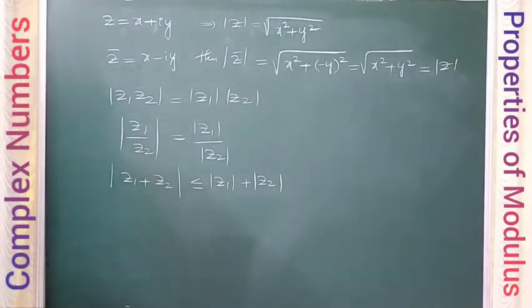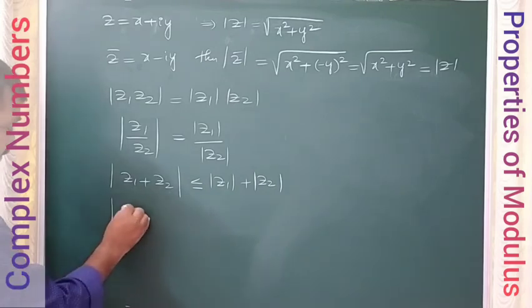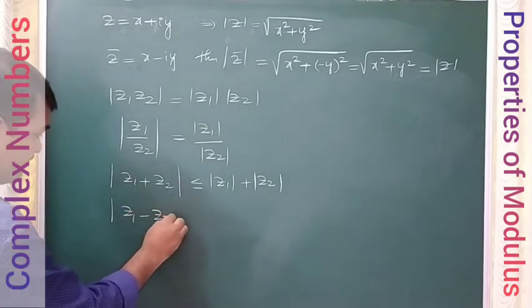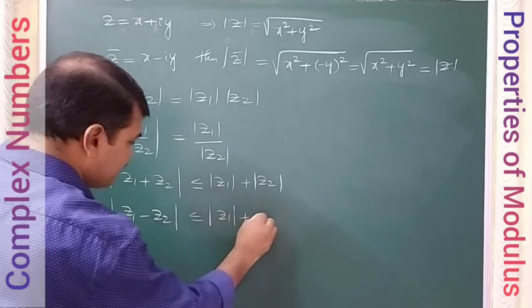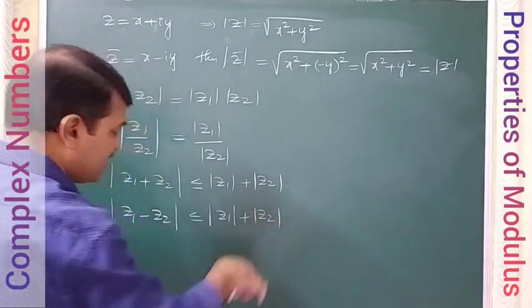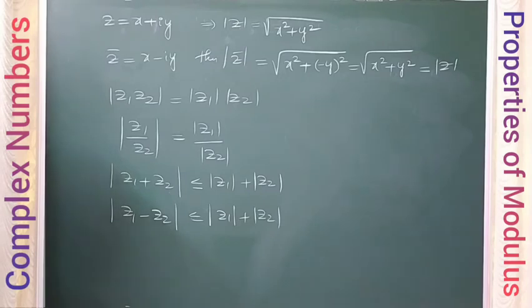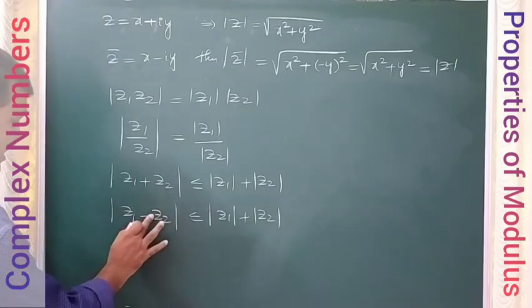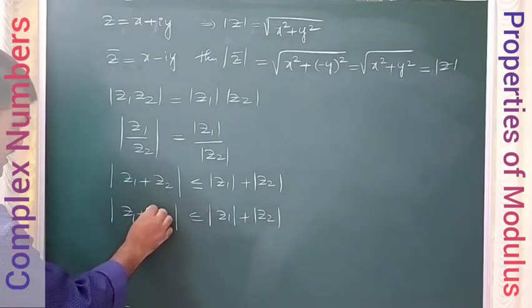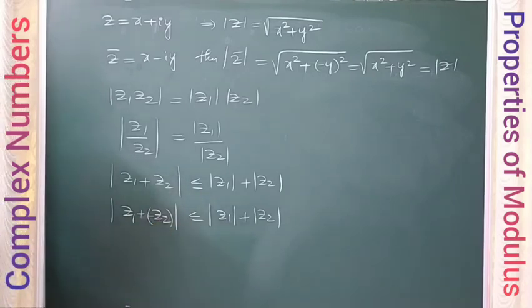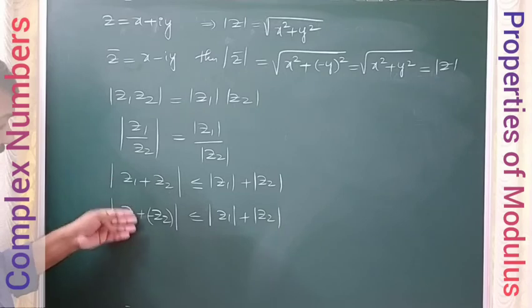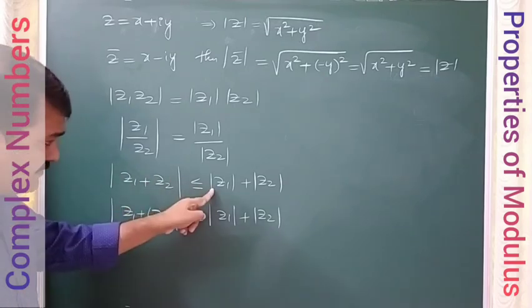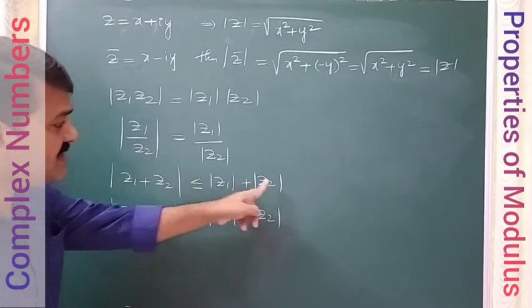Okay, so for modulus of Z1 minus Z2, the same property will come. The property does not change. Why? Because you can simply write this as Z1 plus (minus Z2), then apply the above formula: mod Z1 plus modulus of minus Z2.